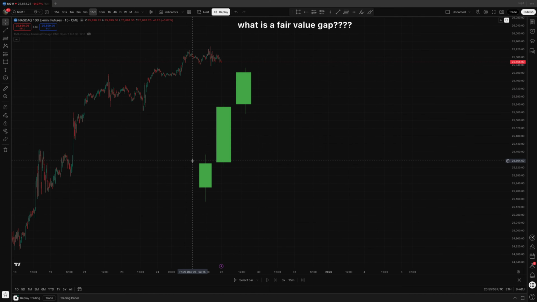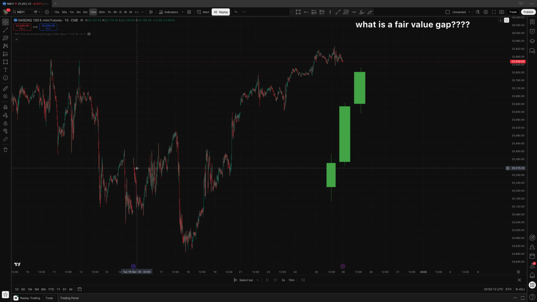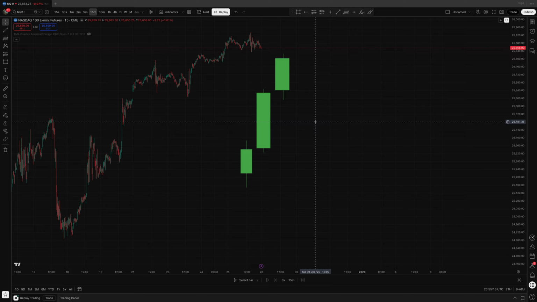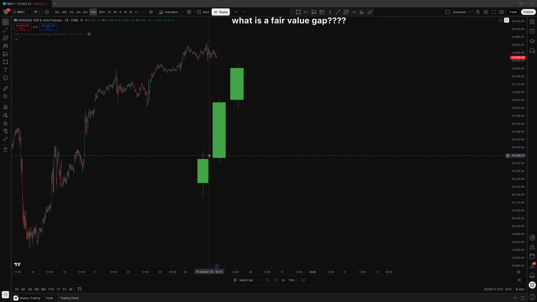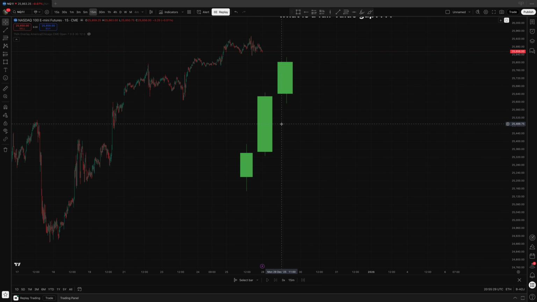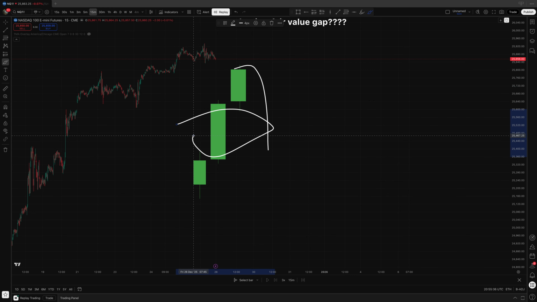It's when the institutional traders, the quant traders or institutional banks, have come into the markets with large orders. So what typically happens is that you have a massive candlestick, which is right here. And for the markets to fill in this imbalance, it needs to come back down and fill it in. Simple.